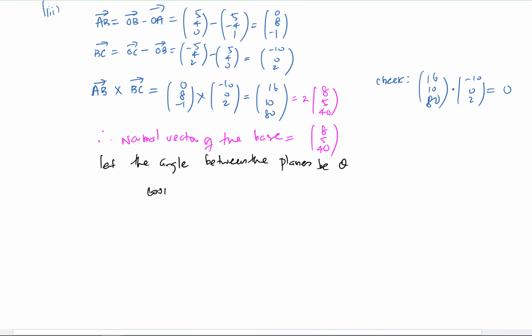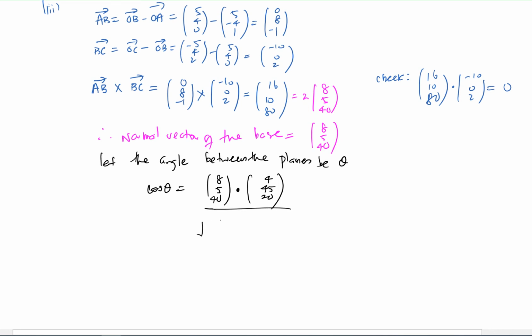Now I can easily use cosine theta equal to, of course, n1 dot n2, which is 8, 5, 40 dot with 4, 45, and 20 from the previous part, over square root of 8 squared plus 5 squared plus 40 squared, times square root of 4 squared plus 45 squared plus 20 squared, and all this in modulus.